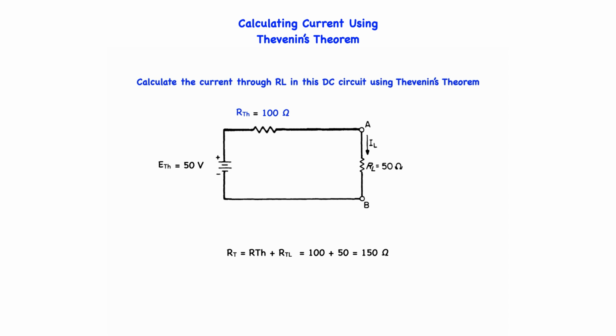And in order to calculate the current IL, it is equal to ETH divided by RT, the total load circuit load, which is equal to 50 divided by 150, ultimately equal to 1/3 amps.